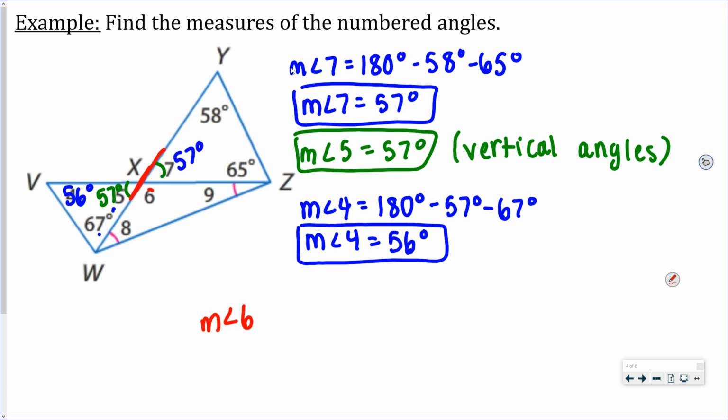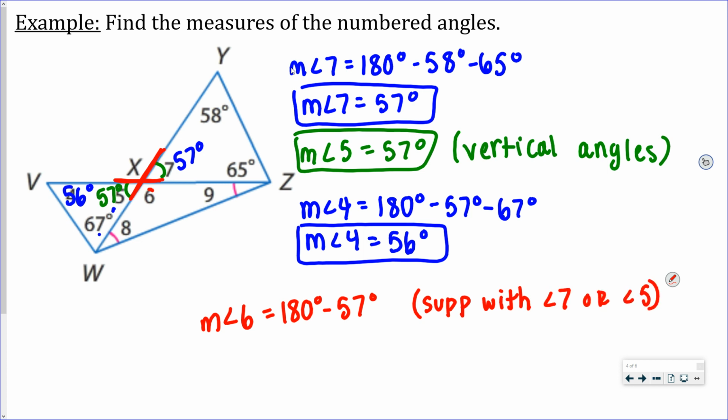It's supplementary with 7, right? It's a linear pair with 7 or with 5. Doesn't matter because they're the same angle. So we do 180 minus 57. I like what she said. She said supplementary. You could say linear pair as well. All right. So I got 123 degrees.